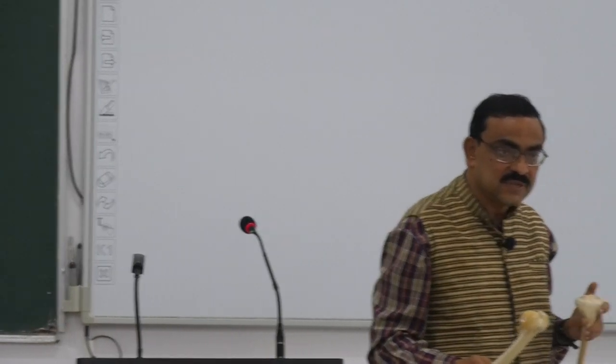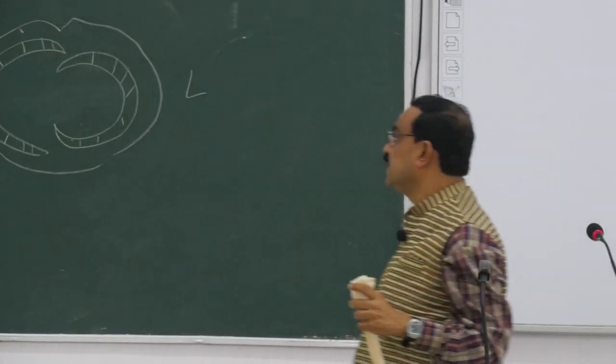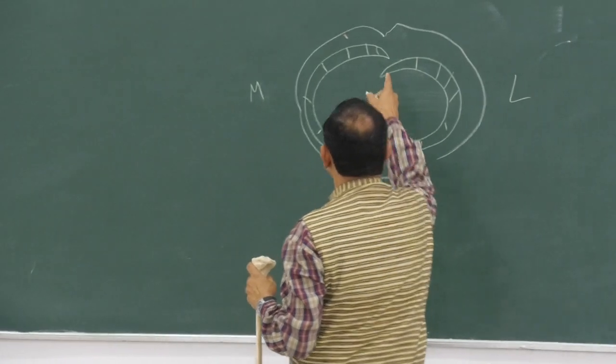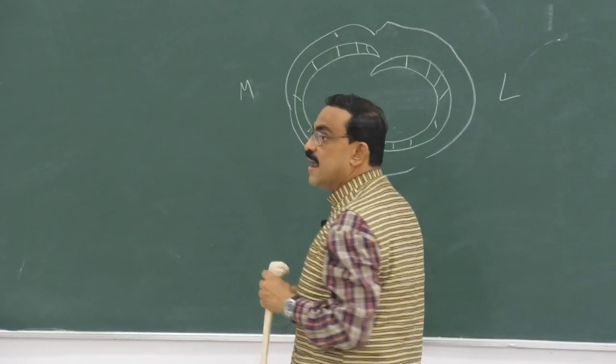Not only is it a synovial, polyaxial joint. When a joint is divided by a cartilage into two halves, upper half and lower half, it is called a complex joint. So we get the two semilunar cartilages, this is the medial one and this is the lateral one.